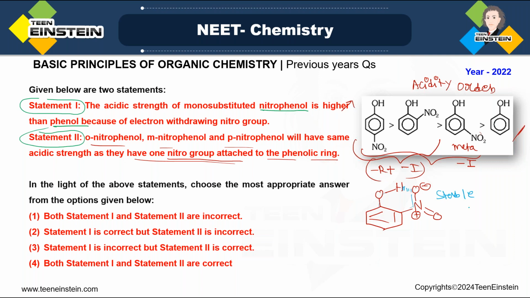As a result, what is happening? This hydrogen is now not so free compared to the hydrogen in case of para-nitrophenol. This hydrogen is involved in this type of hydrogen bonding, so its availability becomes less. That is why ortho substitution, when present, will have less acidity. Okay, so these are the reasons why we are getting this type of acidity order. But here the correct answer will be this one. Statement 1 is correct, not statement 2.